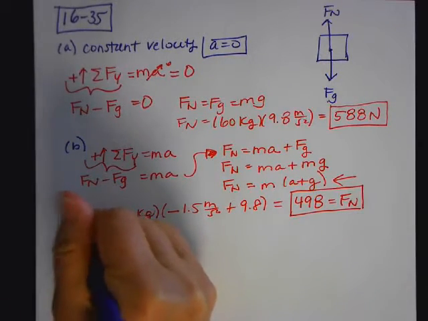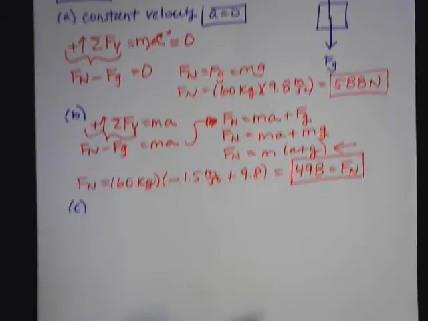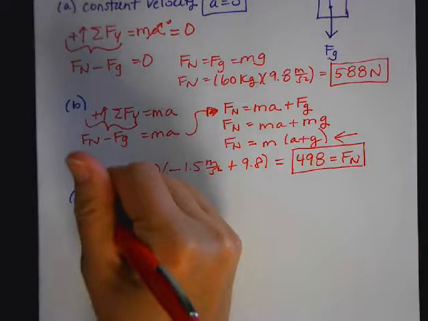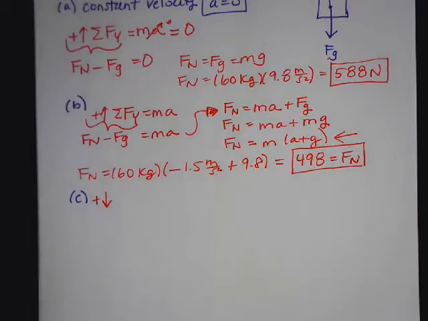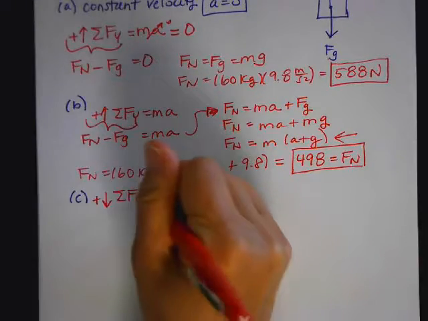Okay, part C. Part C says now it's accelerating downward at 1.5 meters per second squared. Because this elevator is moving down, I'm going to draw my sign convention going down. So I'm calling down positive. Summation of F_y is equal to ma.